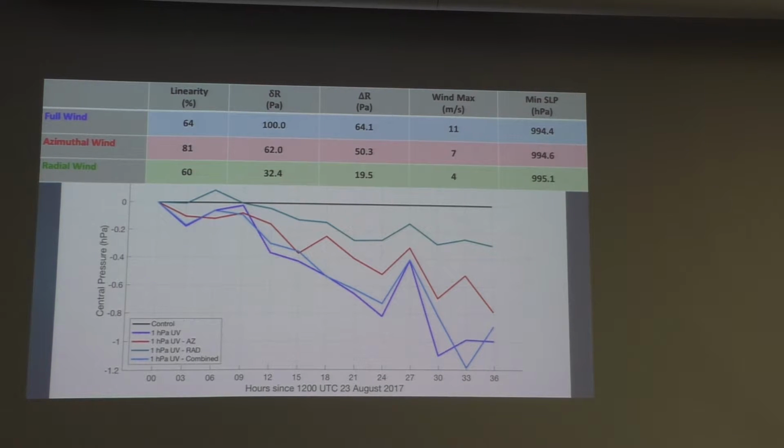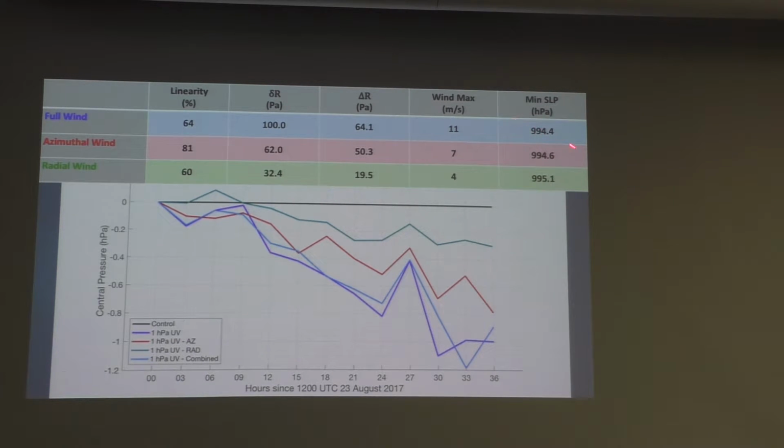And just to kind of go back to this linearity assumption that we talked about earlier, for the full azimuthal and the radially perturbed cases, we see there is a larger perturbation to the azimuthal than the radial wind. Additionally, we see that the azimuthal wind evolves a lot more linearly than the radial or the full wind, which is something interesting, and I'm curious why exactly that is.